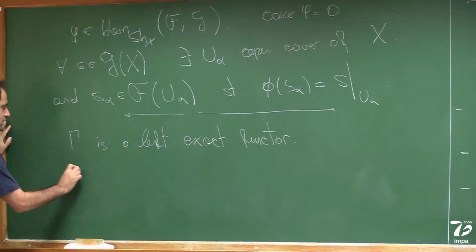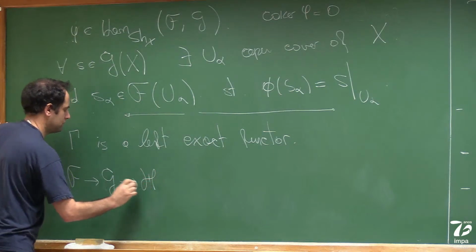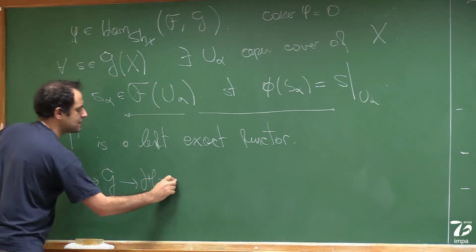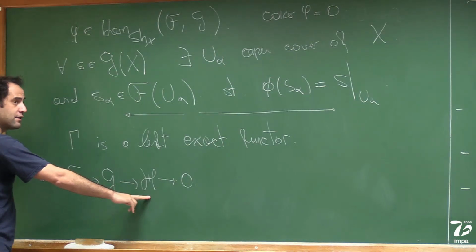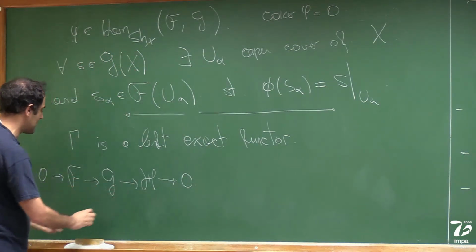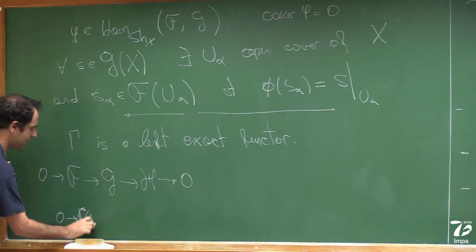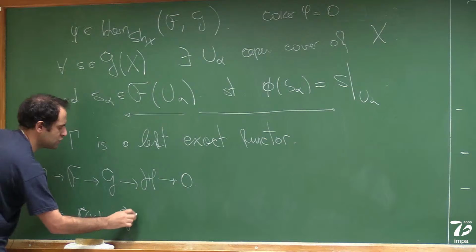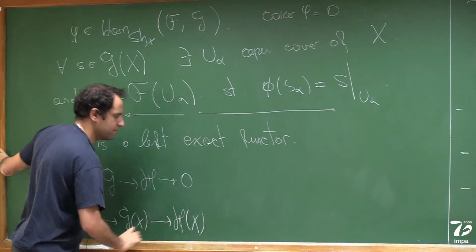So if you have a sequence like this, an exact sequence of sheaves, meaning the cokernel of this map is 0, so it is surjective in this sense, but it's not necessarily surjective at the level of global sections. So F of X is still injective into G of X. This guy is still exact into H of X, but that's it.